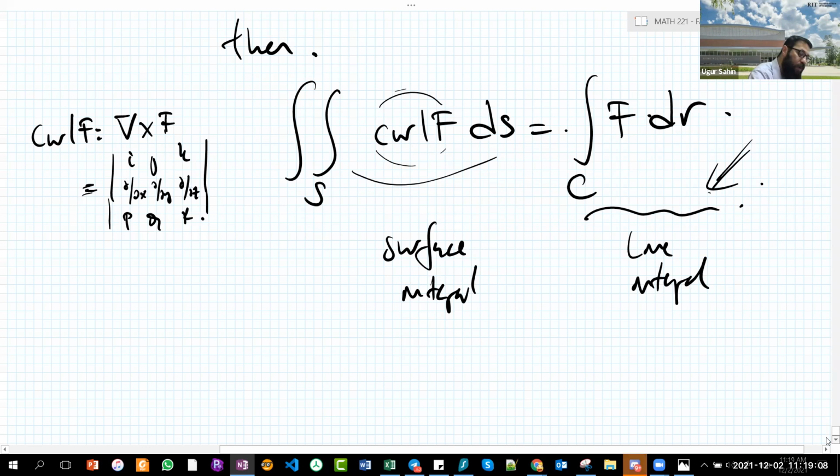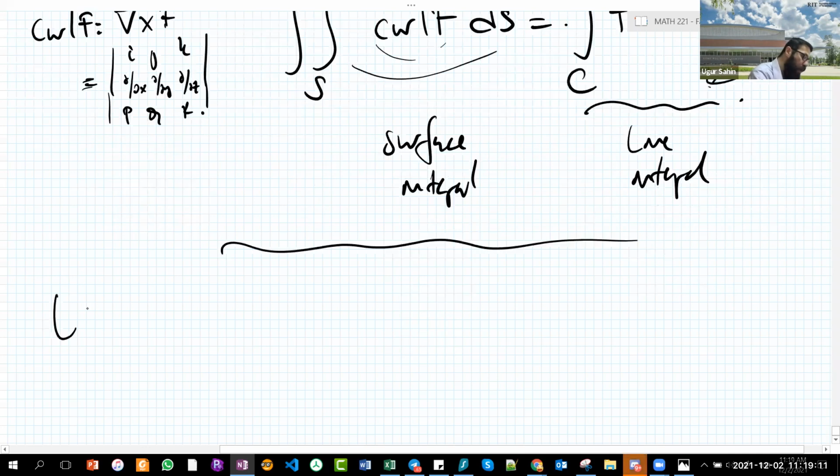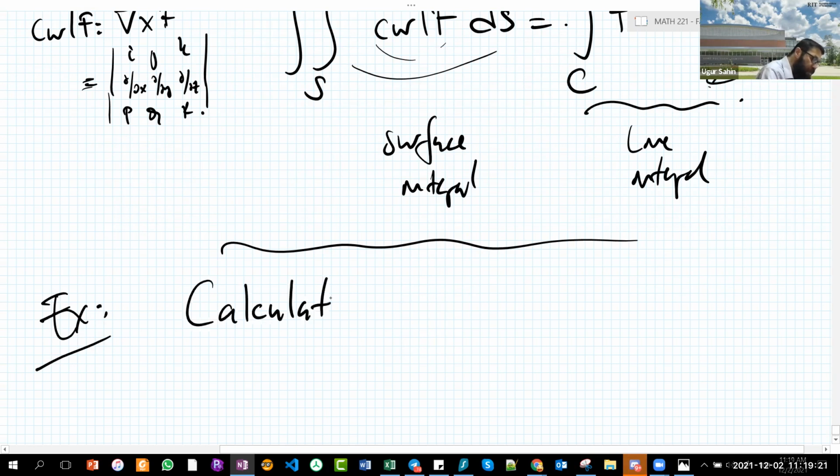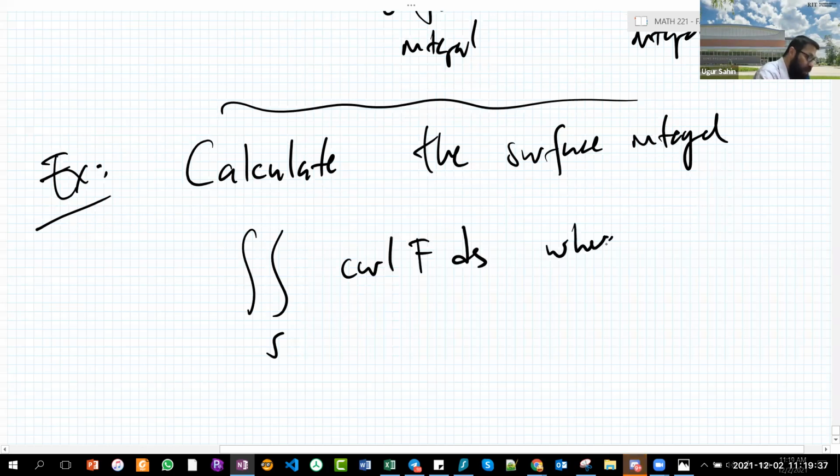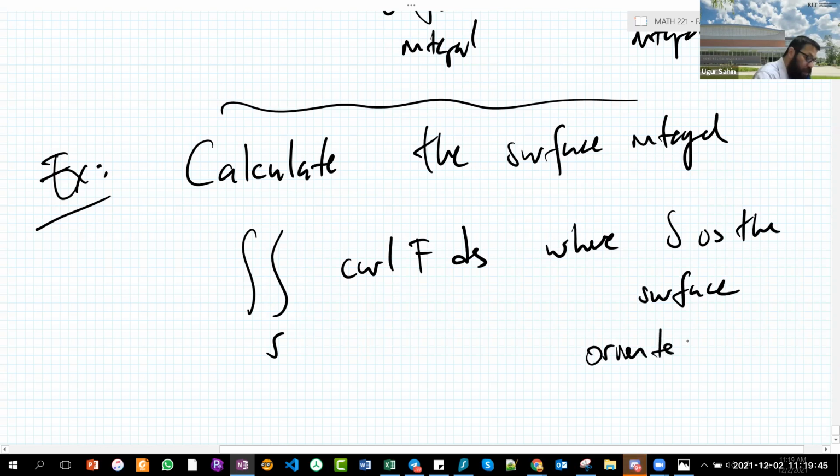Now I'm going to show you an example. Calculate the surface integral over S of curl F dS, where S is the surface oriented outward.